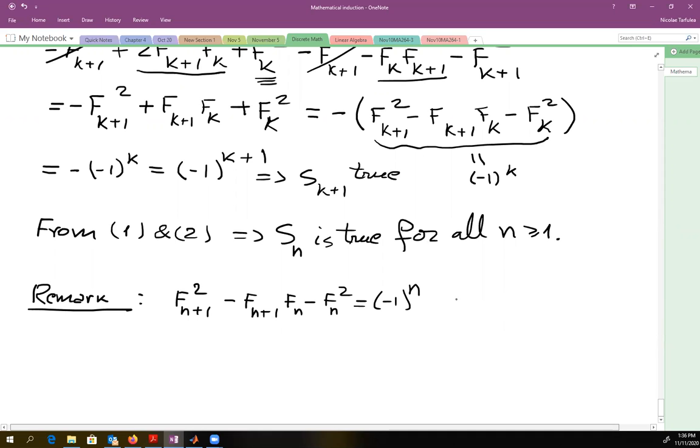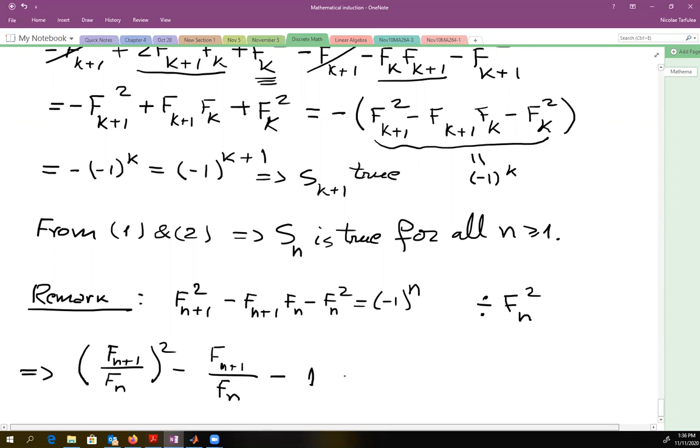Okay, now if we divide both sides by fn squared, we end up with fn plus 1 over fn, squared, minus fn plus 1 over fn, minus 1 equals negative 1 to the n over fn squared.